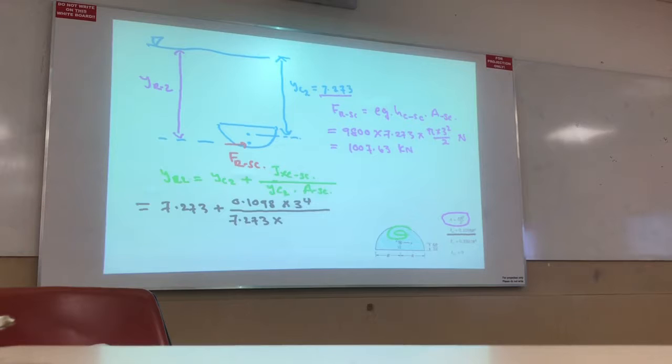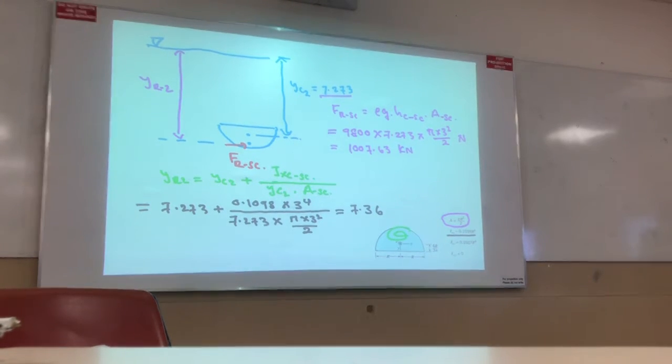That means I can write 0.1098 R to the power 4 over pi r square by 2, right? And after summation I get YR2 becomes 7.36. Am I right? I get here 7.36.